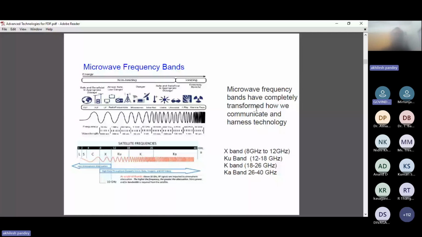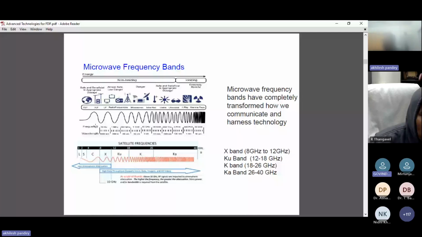Here it is not very visible, but you can see frequency from 50 hertz to some gigahertz, up to terahertz, petahertz, like that.